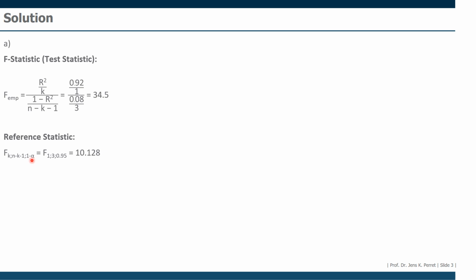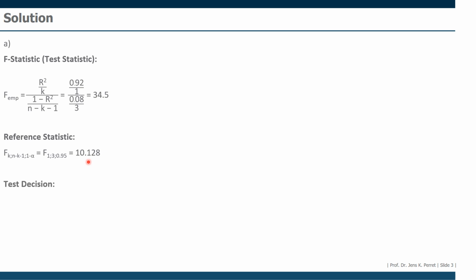In this first part, alpha was supposed to be 5%, so 0.05. If we subtract this from 1, we get 0.95. So we look up in the table for the F distribution the value F(1, 3; 0.95). There we find a value of 10.128. So that's our reference value.